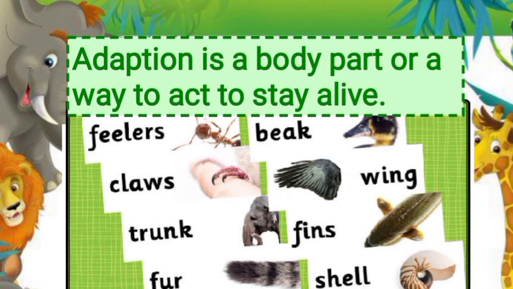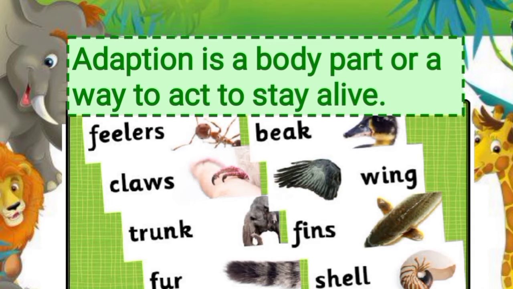These physical features are called physical adaptations. Living things are adapted to the habitat they live in. This is because they have special features that help them to survive. They make it possible for the animal to live in a particular way.